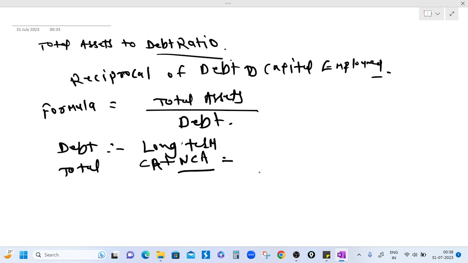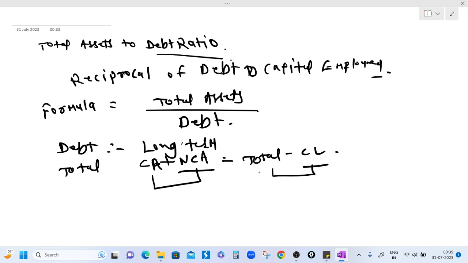Capital employed is basically total asset minus current liabilities. But priority we will give if it is mentioned for this particular specific formula, then total asset we will consider only current asset plus non-current asset.